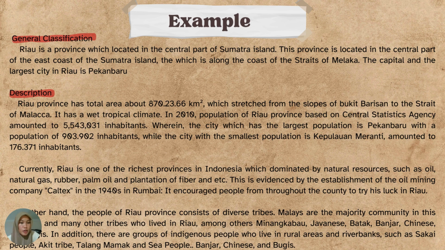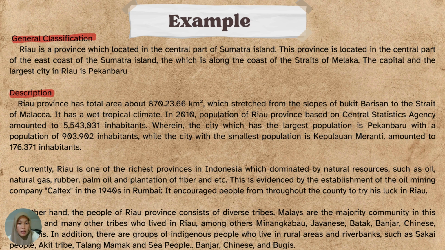Currently, Riau is one of the richest provinces in Indonesia, dominated by natural resources such as oil, natural gas, rubber, palm oil, and plantation of the fiber and etc.